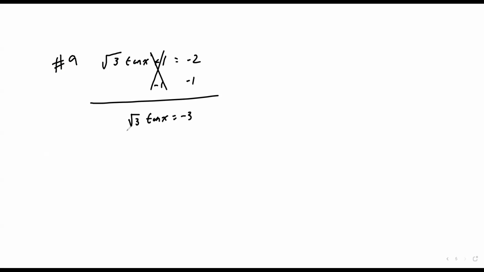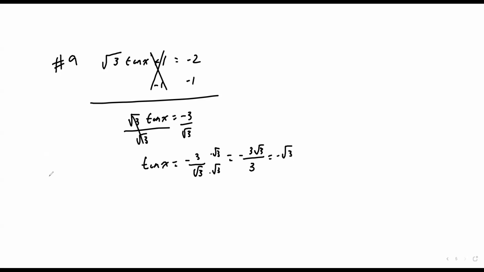That gives me -3 divided by square root of 3. Rationalize that, which just gives me that. So again, on the unit circle, I want a negative, so that only happens in quadrant 2 and quadrant 4 for tangent.